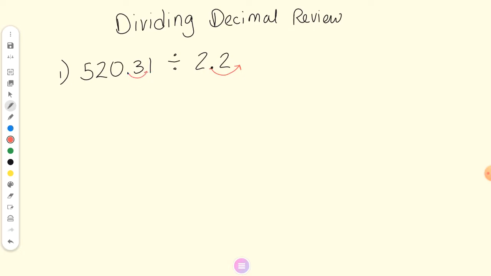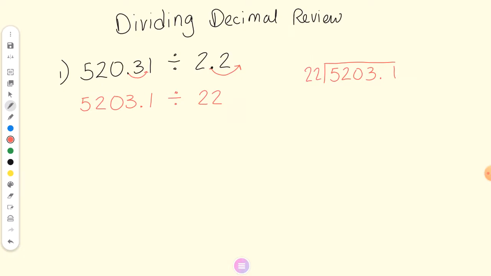So our new decimal problem will be 5203.1 divided by 22. Now we have to go out and do the hard part. Do the math. 5203.1 divided by 22.